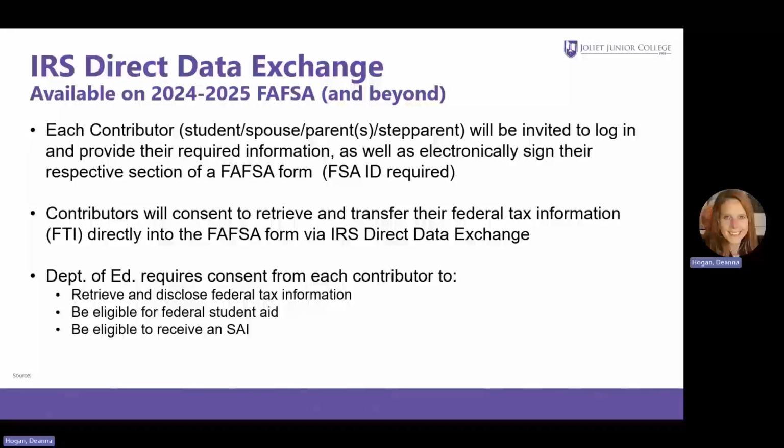Part of this process will require contributors to consent and approve to retrieve their federal tax information from the IRS via a direct data exchange. Contributors will be able to be logged in and completing their individual portions of the FAFSA at the same time. The student will be able to see once all contributors have completed their portion and will then be able to submit their FAFSA for processing.